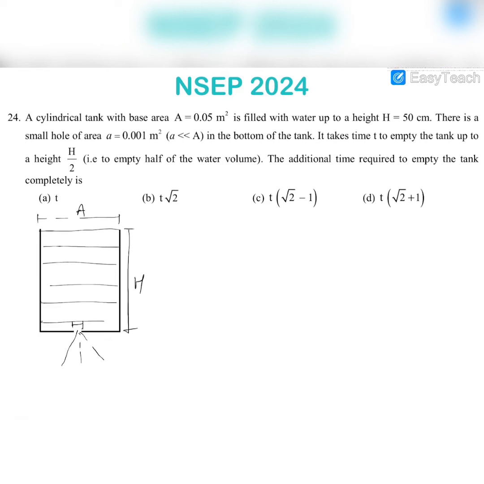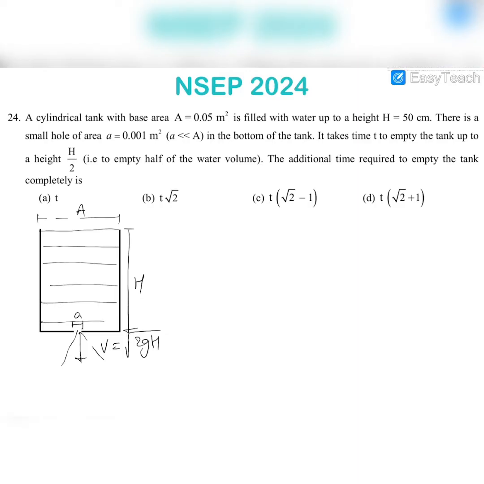Now the area of that small hole is small a, and the velocity of efflux, which is the velocity with which water is coming out of that hole, is root 2gh initially, because initially the height of the liquid column is h above the hole.